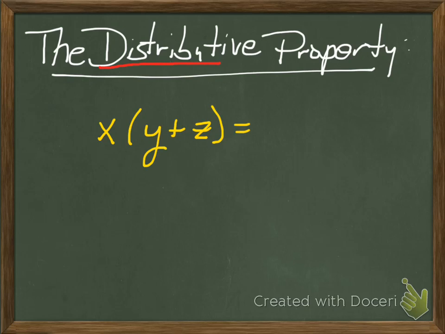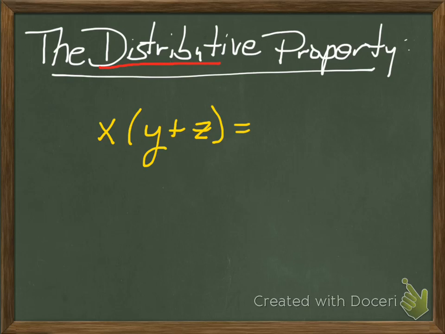Now, there are cases where you may not know what both of the variables are, both y and z. Like, I could give you a problem where I give you the value for x and the value for z, but not the value for y. And so, for a whole variety of reasons, it becomes really helpful to figure out another way around this. Order of operations says you have to do the parentheses first, followed by the multiplication.